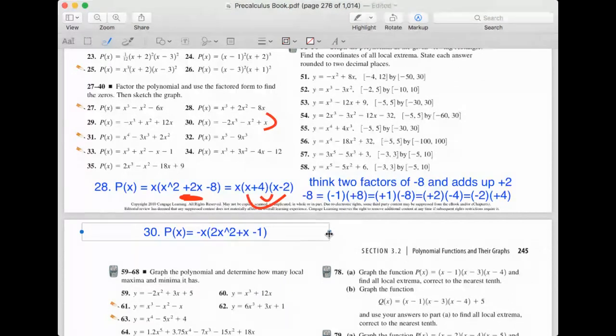Now, maybe I can factor what's in the parentheses. So negative x is one of my factors. Now, let me factor the inside. The inside I can factor as 2x minus 1 and x plus 1. You may ask me, how did I factor that? Because I'm thinking how to get the middle term.